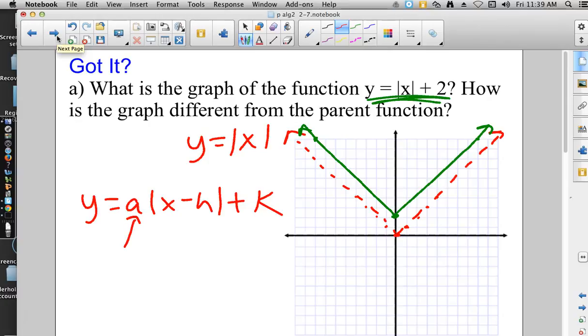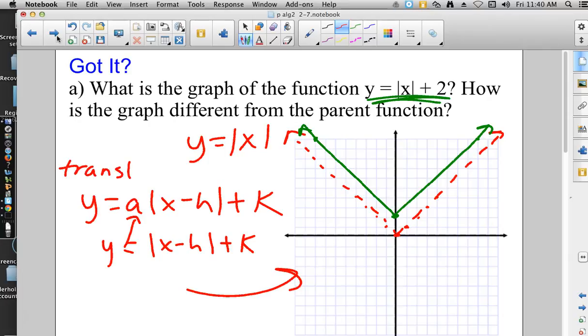So as long as a stays a 1, this is the process we use. And when it says, how is it different? We write translated 2 units up. That's how it's different. So the way that we think about it as we go to graph it is what we described. Absolute value of x moved.